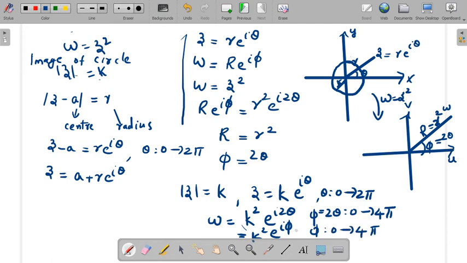But k e raised to i theta represents a circle whose radius is k. Therefore, k square e raised to i phi represents a circle with radius k square, and as phi varies from 0 to 4π, that circle will be traced twice. അപ്പോൾ ഇവിടെ k സ്ക്വയർ റേഡിയസ് ആയിട്ടുള്ള ഒരു സർക്കിൾ തന്നെയാണ് നമുക്ക് കിട്ടുന്നത്.